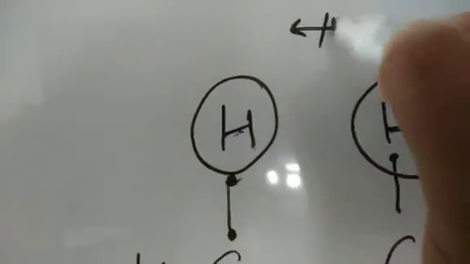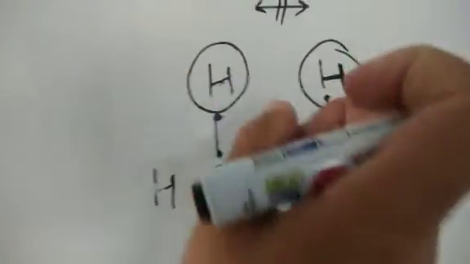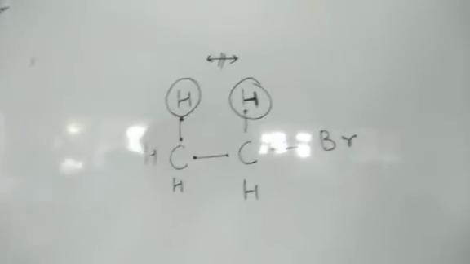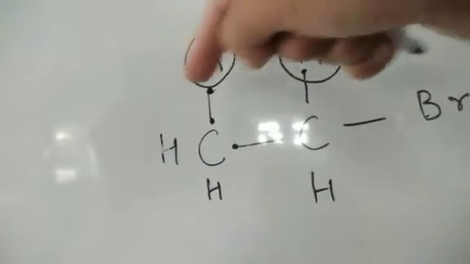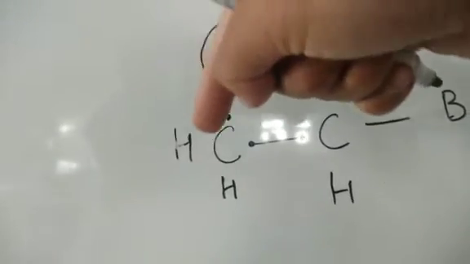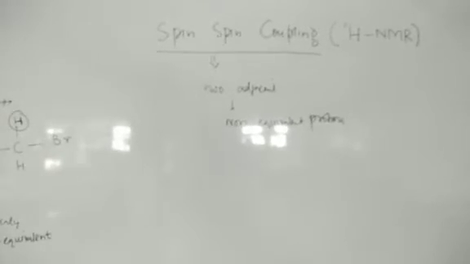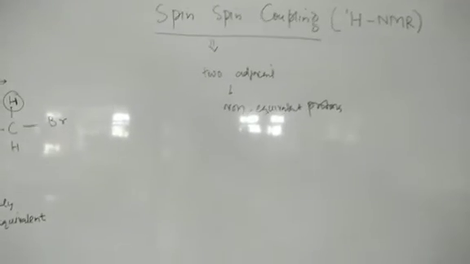There's a different topic where the interaction occurs through space, but here in spin-spin splitting, this interaction is not through space; rather, the magnetic fields of this and this proton interact through the intervening electrons. So spin-spin splitting basically occurs when we have 2 adjacent protons which are non-equivalent.